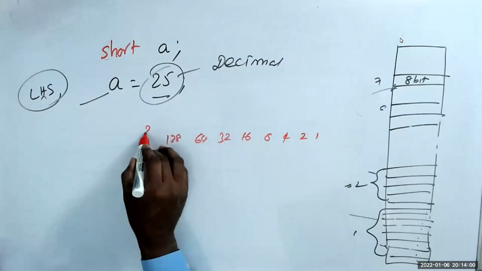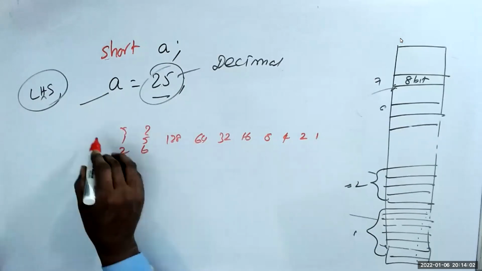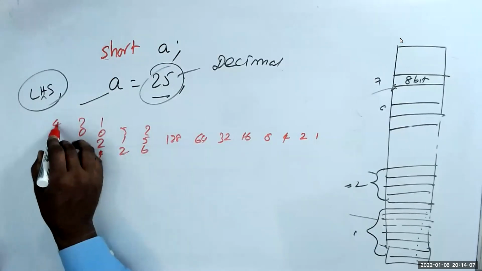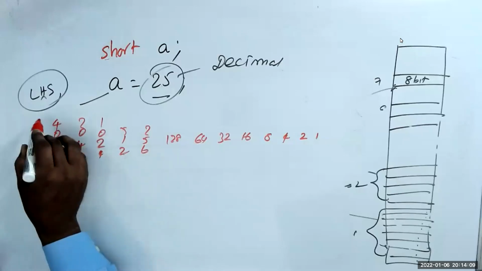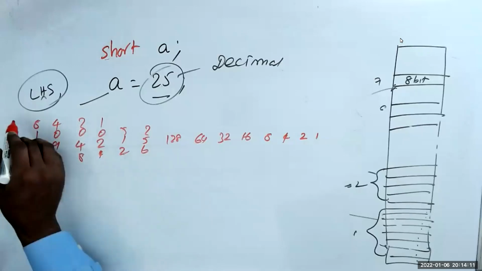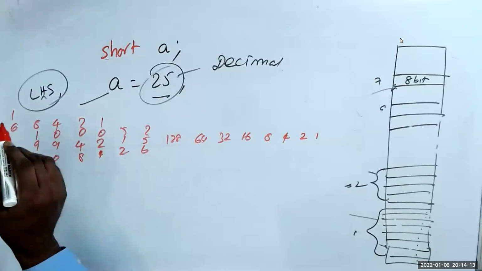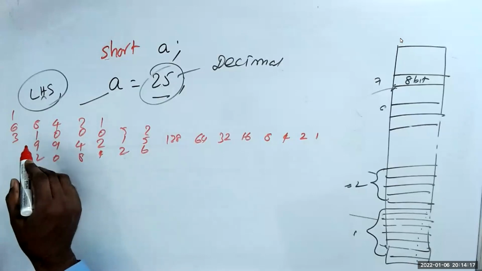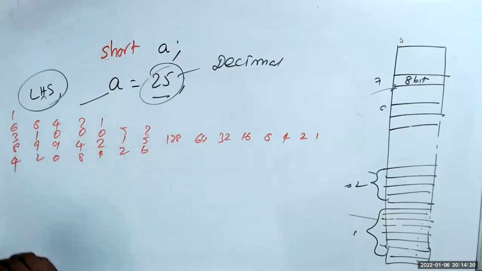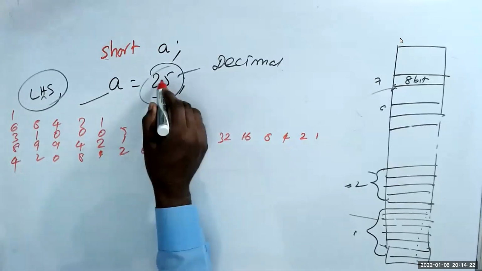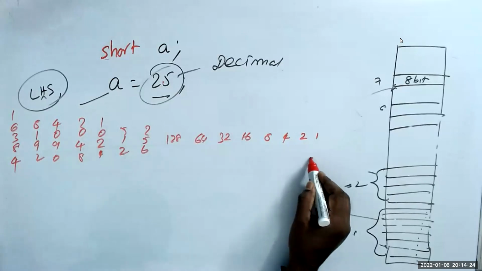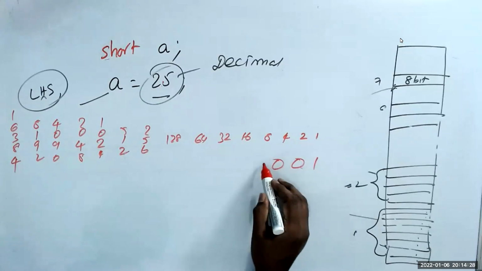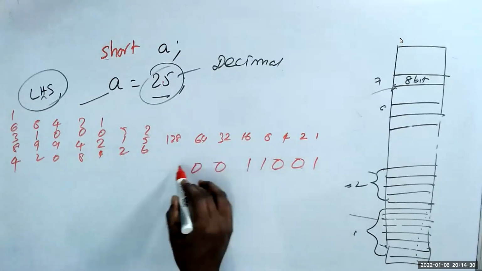Then 256, 512, 1024, 2048, 4096, 8192, 16384. Now this 25 gives 1, 0, 0, 1, 1. All the others are zeros.